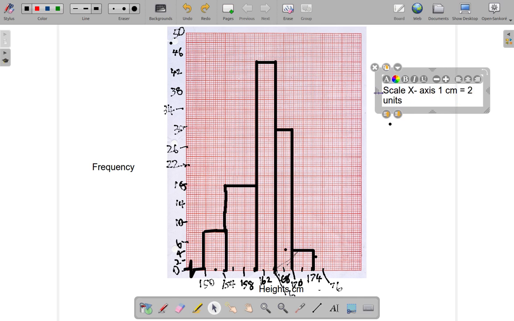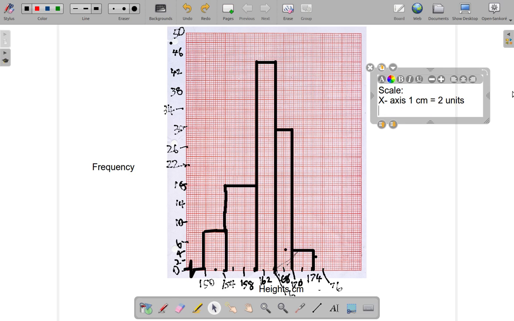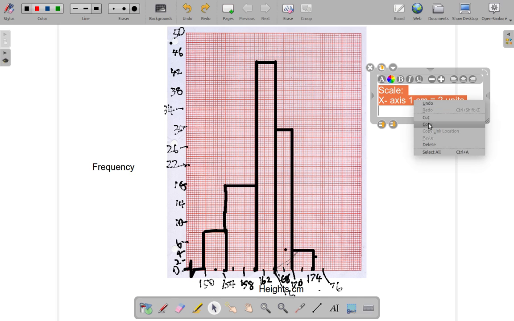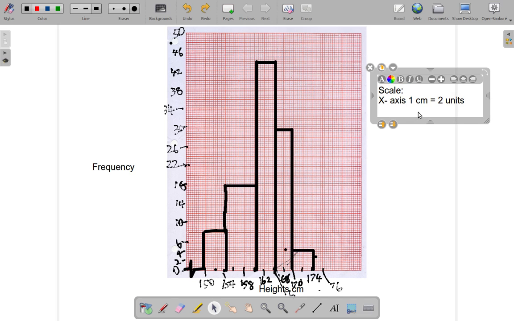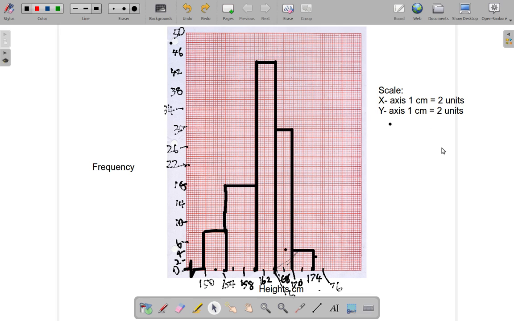Let me stretch this out a bit. Scale: x-axis, 1 cm equals 2 units, and then the y-axis, let me just copy and paste this, make it a bit easier for me. For the y-axis now, we're having 1 cm equals 2 units. Yeah, it's the same.